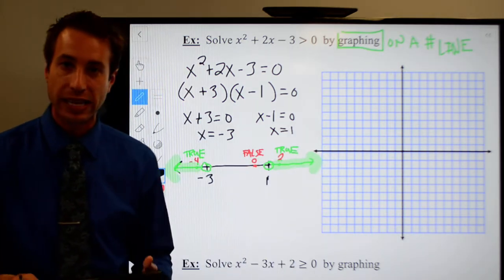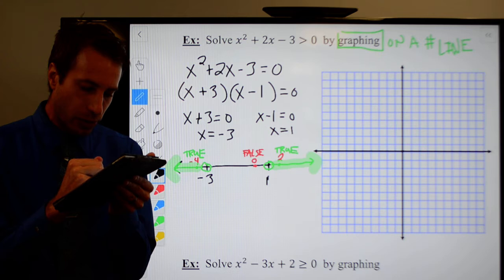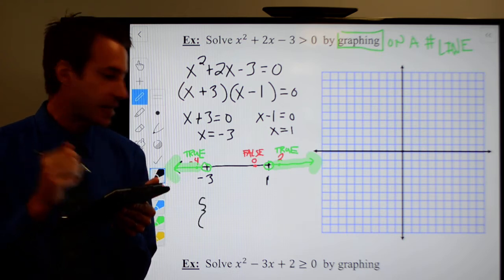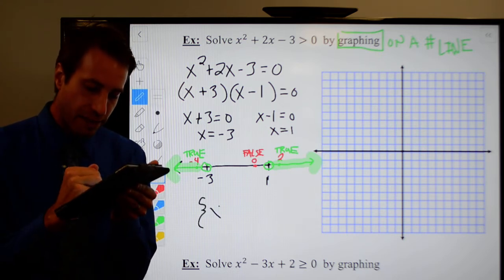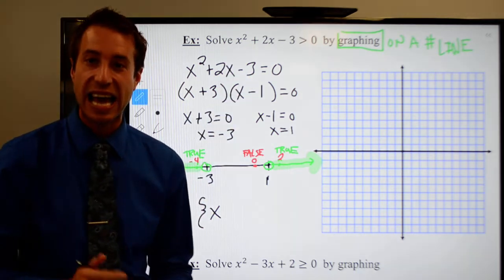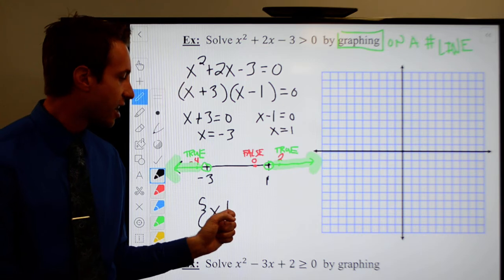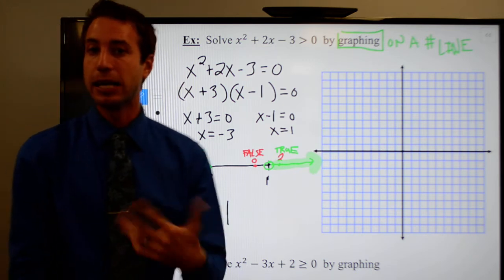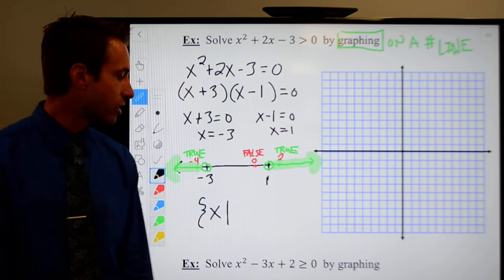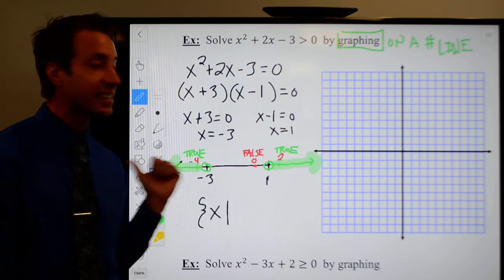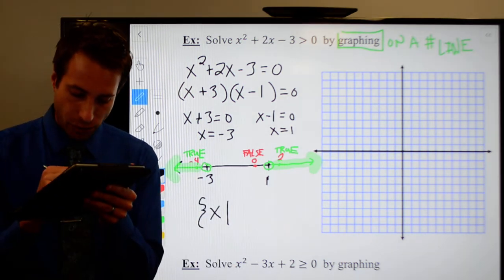It's an OR inequality. And we're going to write that in set builder notation, which hopefully you'll remember means that you need a bracket. You give me the variable, which in this case is x. The bar means such that, so it's all values of x such that, and you're going to give me both inequalities. I need all values of x such that x is strictly less than -3.